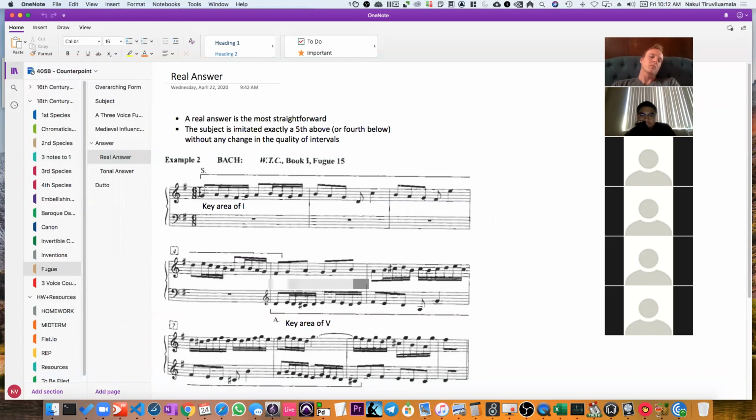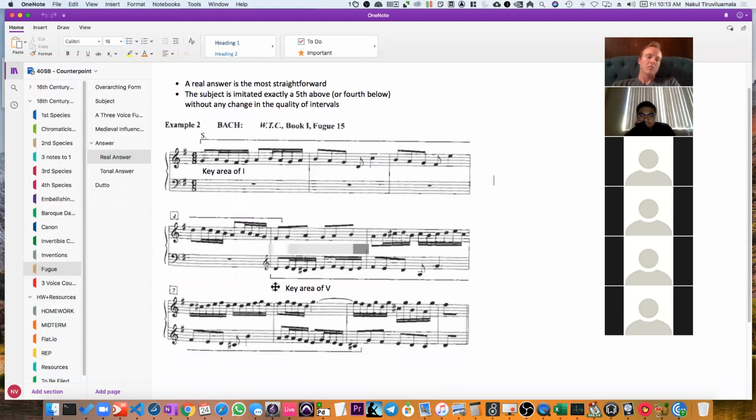So what we have here is this, and then this gets literally transposed over here to the key area of the 5. That is a real answer. So you have the subject and then you have it literally transposed up a fifth, and the key area goes to the 5.